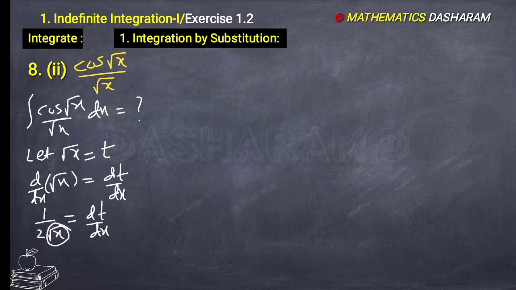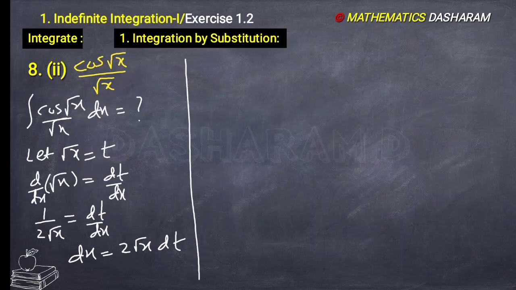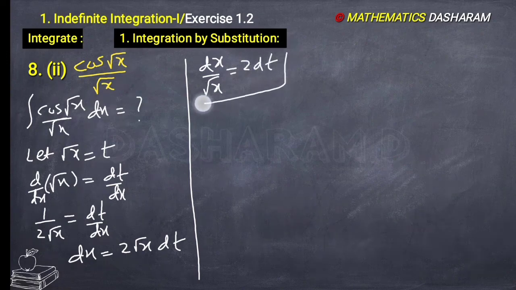No need to substitute root x equals t here. Doing cross multiplication, dx by root x equals 2 into dt. Since dx by root x is available in the question, I am not substituting root x as t.